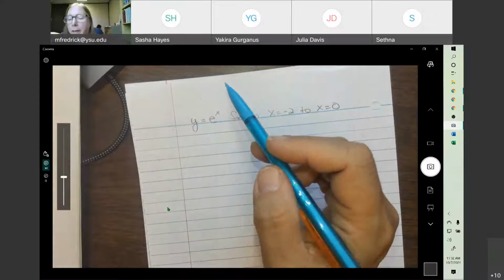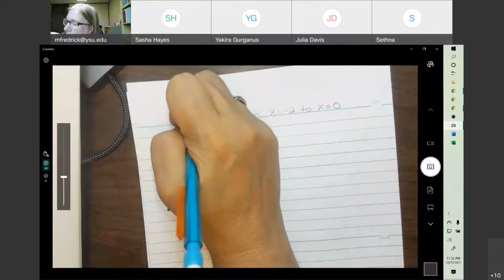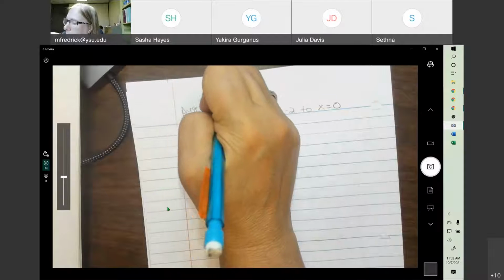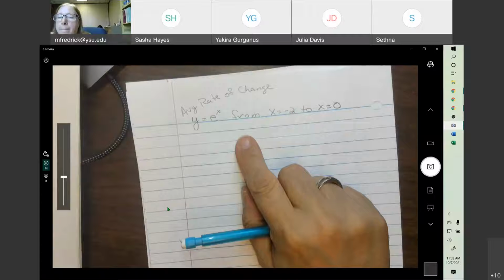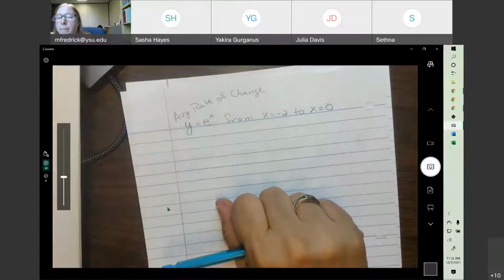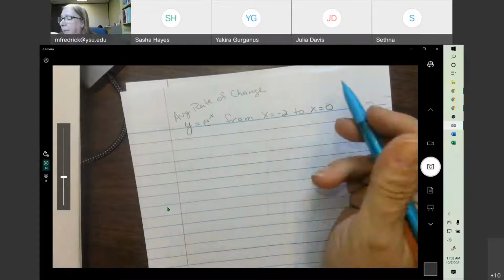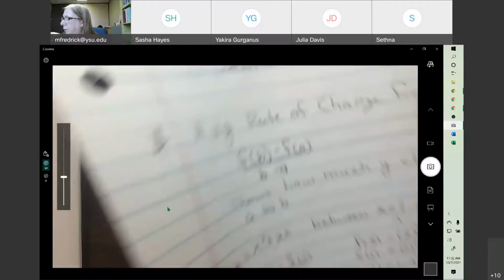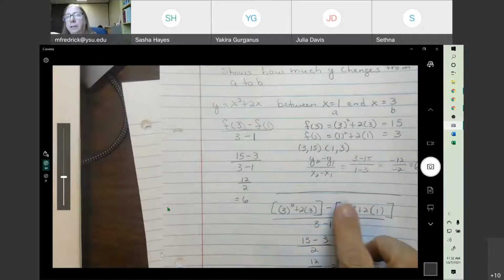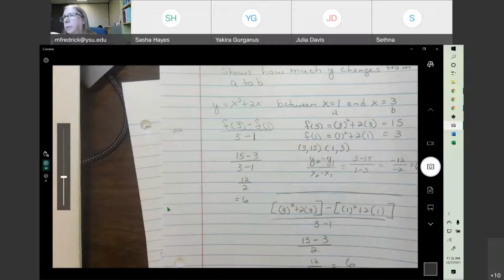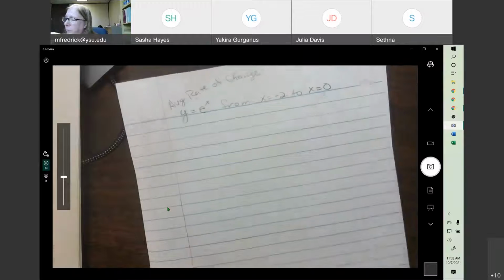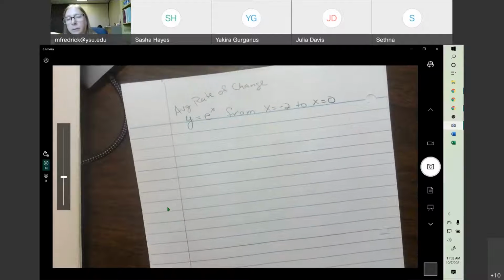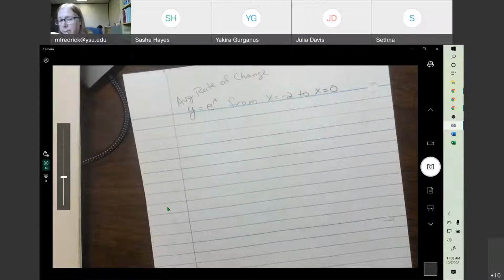So you're finding the average rate of change. Now it's up to you. This is one we're plugging in to the equation. Might be nice because especially the first one has a long decimal. But do it whichever way you feel, and then we'll do it.